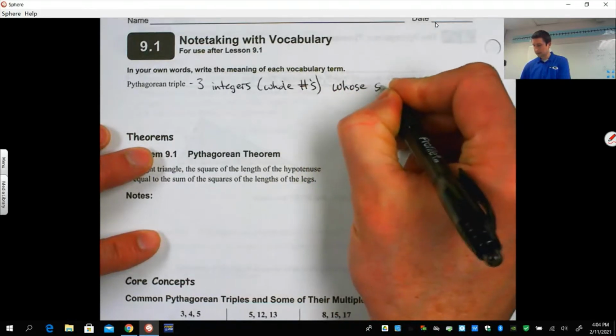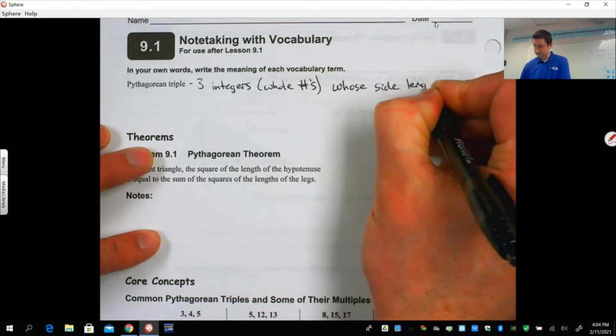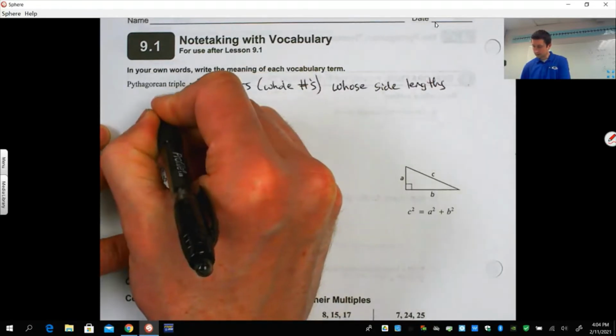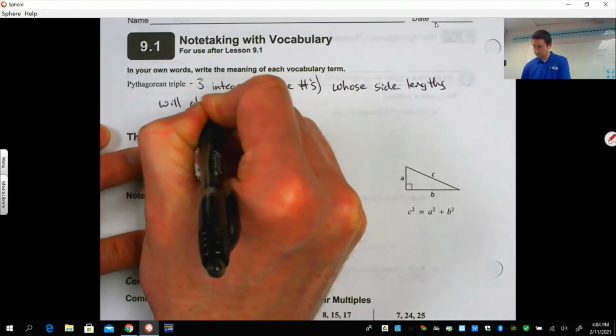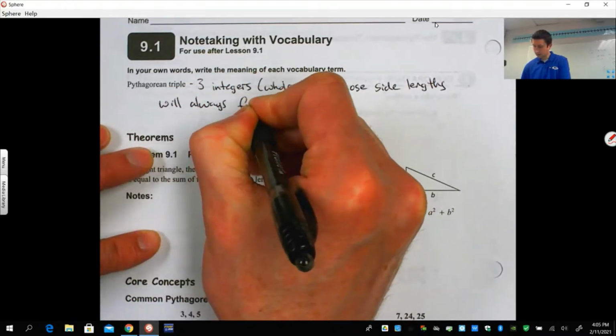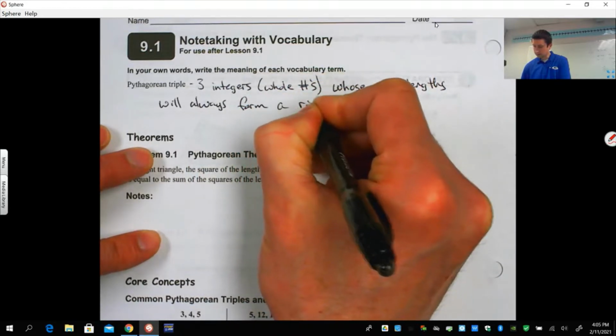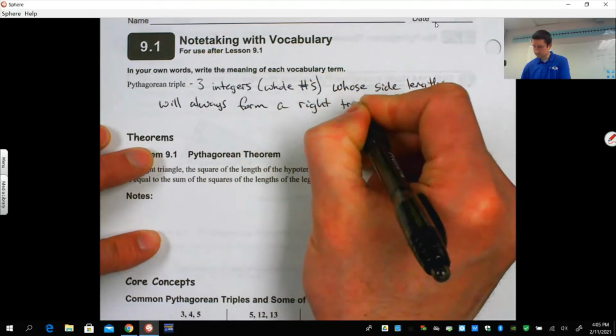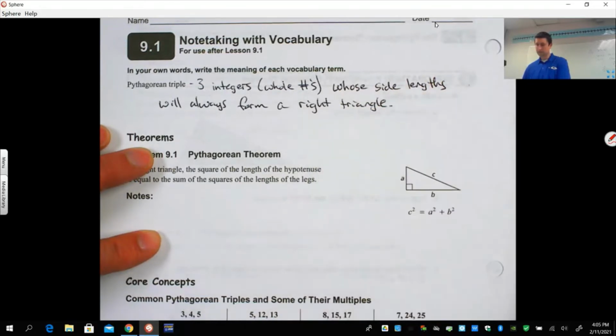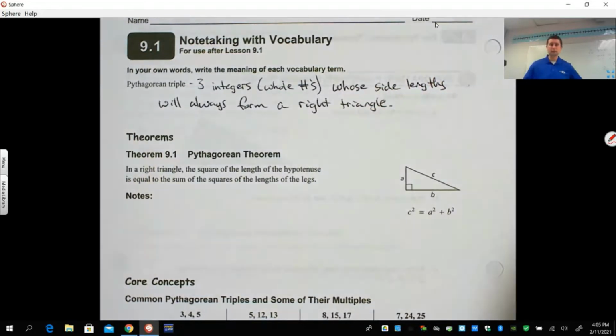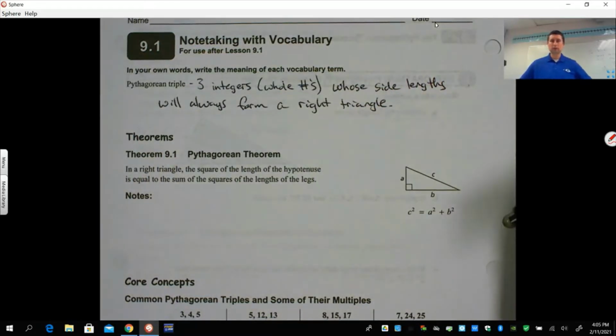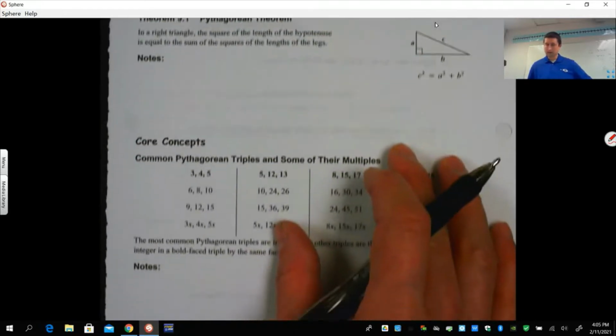Whose side lengths, so if you represent these as side lengths, will always form a right triangle. Now we know there's an infinite number of right triangles, but these are going to be ones that are always going to form a right triangle.